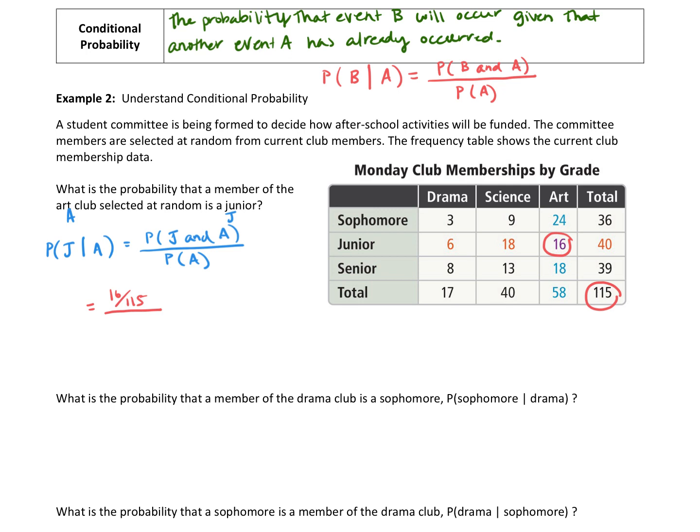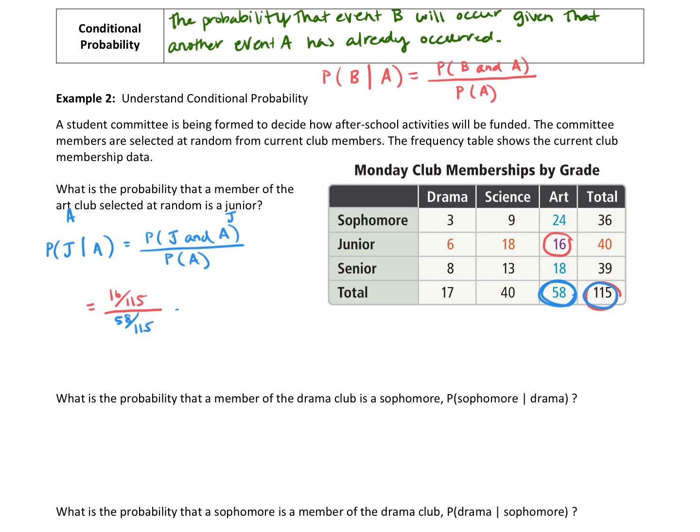We're going to divide that by the probability that a student is in art club. So now if we look at our art club students, we have a total of 58 art club students out of the 115 total. So 58 out of 115.